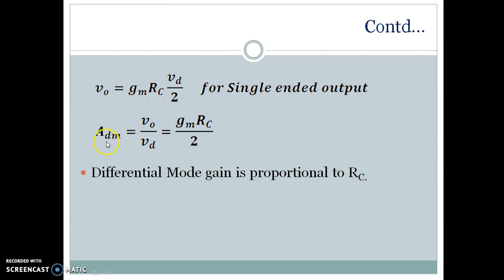Your V0 is equal to GM RC VD by 2, or V0 by VD is GM RC by 2. This is for a single ended output. If it is a double ended output, it is GM RC. So the differential mode gain is directly proportional to RC. We want the differential mode gain to be very, very high, so therefore RC has to be kept very, very high.